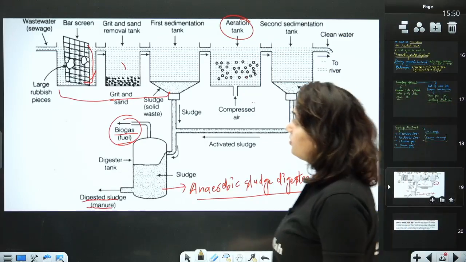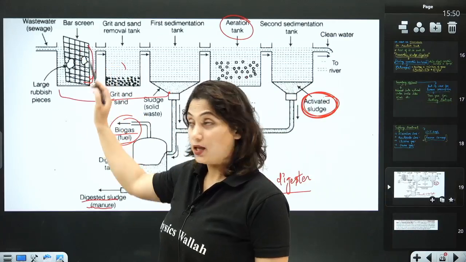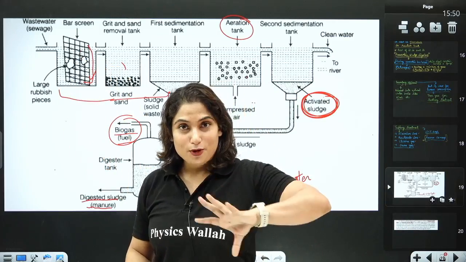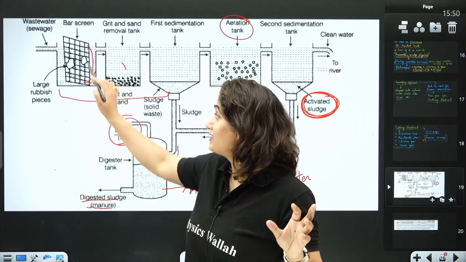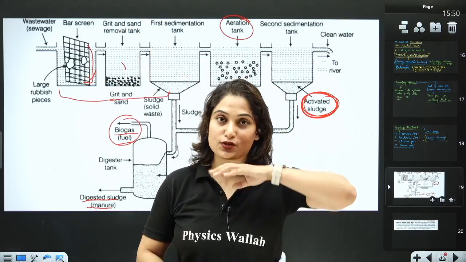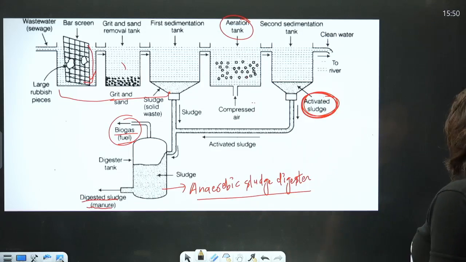Yes, so here in the diagram, you can see this is a gauge-like thing, and when water passes through this gauge, the physical impurities get stuck in it, and the water which comes out of it will not have these floating impurities. Okay, so this is sequential filtration.